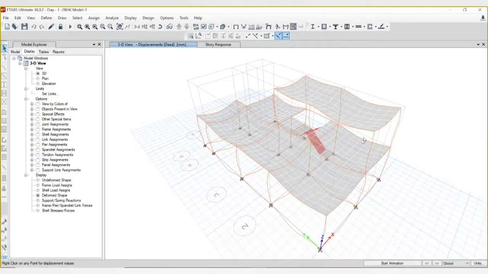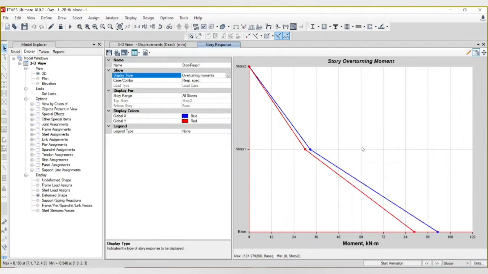Since you are having a floor which is not symmetrical in mass, you are having a higher overturning moment at the second floor. The first floor is having around 36 kilonewton meter, and second floor is nearly 3 times. Why this 3 times? Because the mass is not distributed equally in first and second floor.